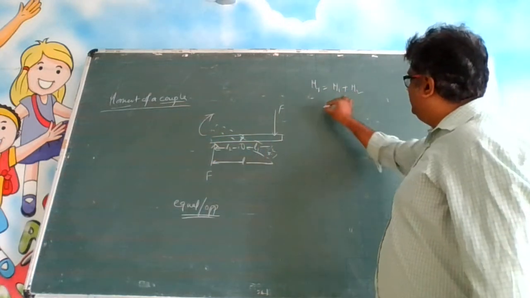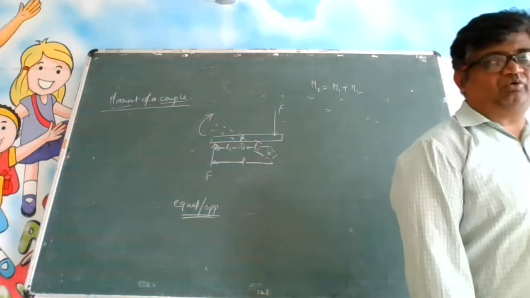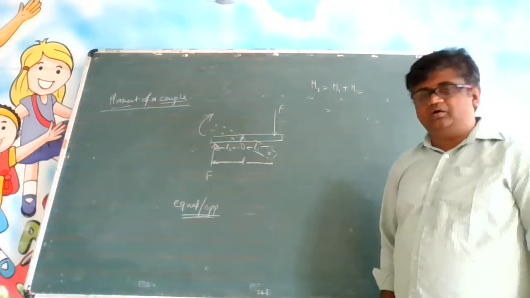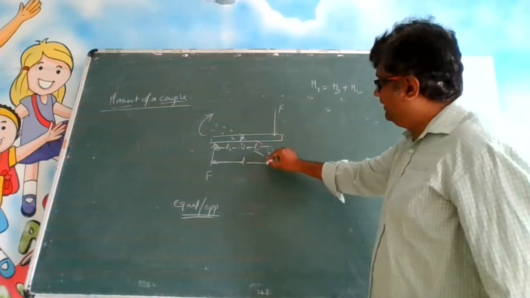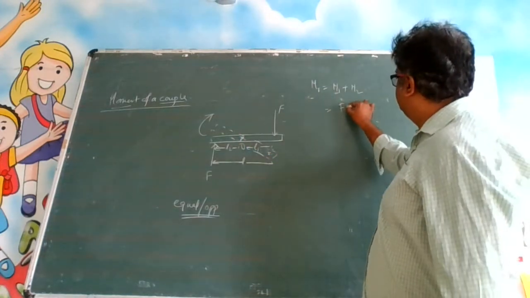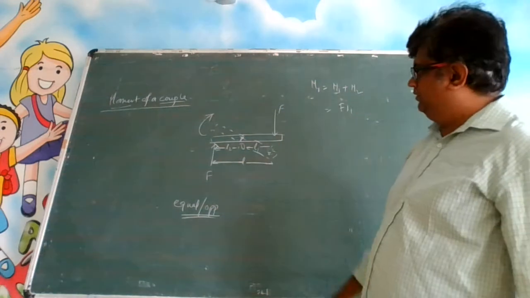I told this point very clearly: when you are calculating about a particular point, you have to calculate all the moments and add them. M1 is force multiplied by the perpendicular distance, F into L1. What is the sense? Clockwise.